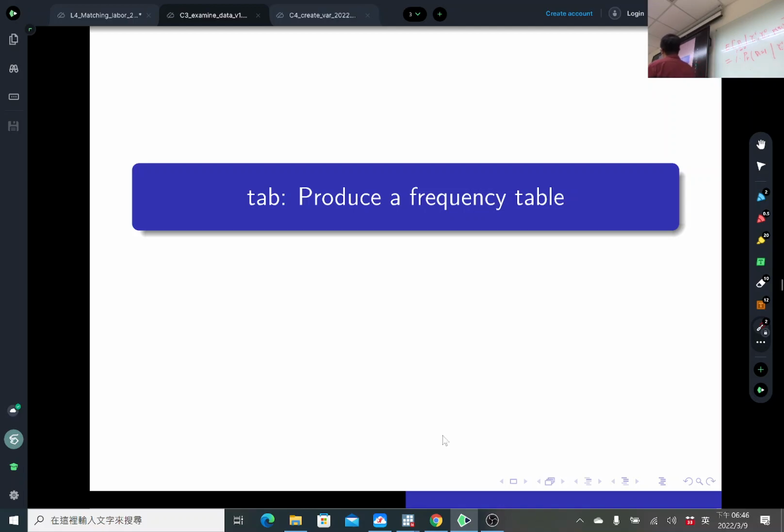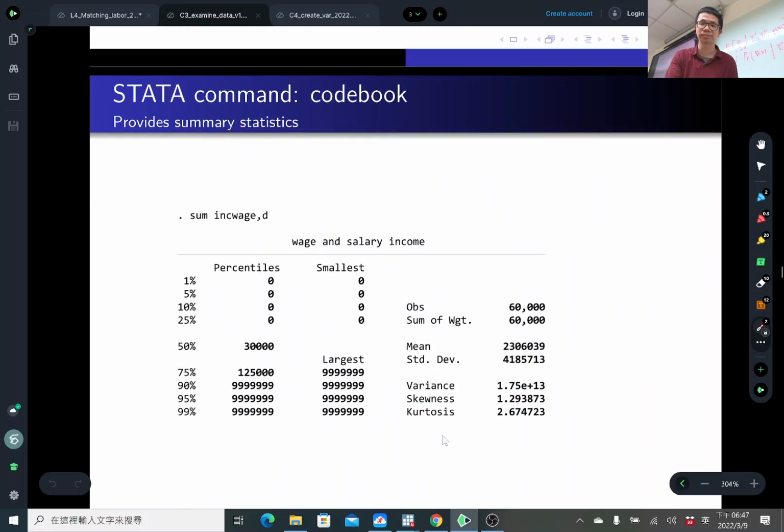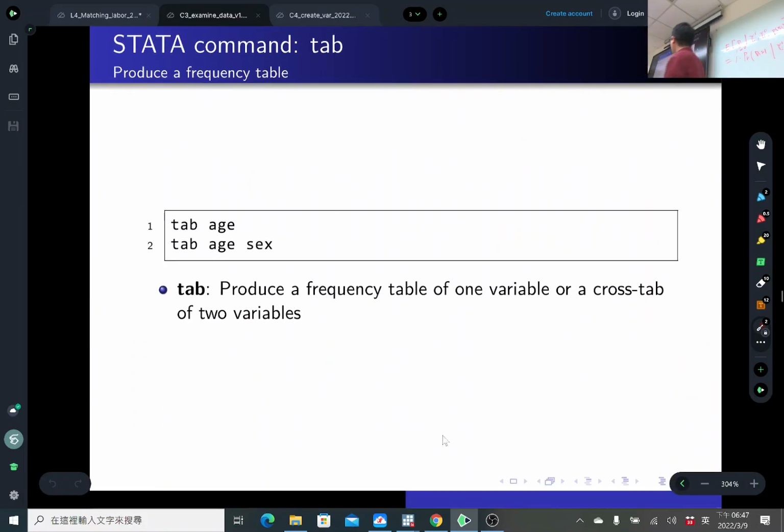And another command called tab can help you to produce a frequency table. That's useful if your data is a categorical variable. Summarize is for the continuous variable. So tab, again, you put tab and the variable you want to explore.